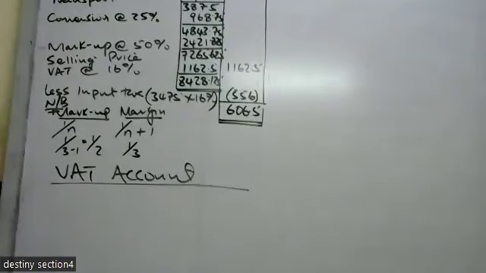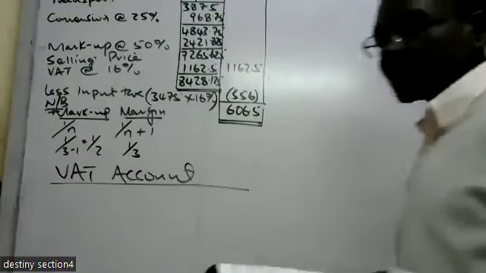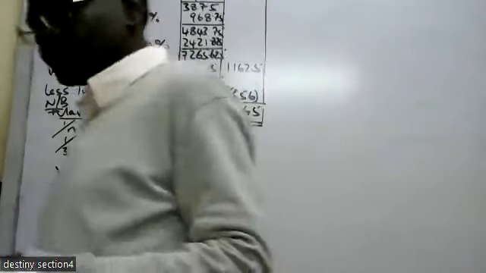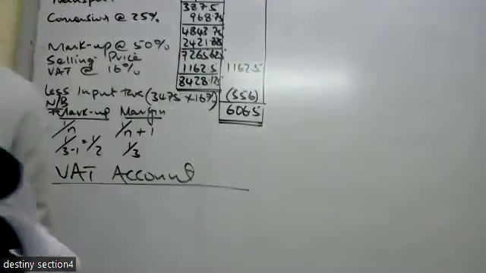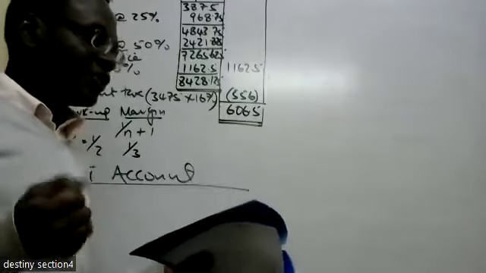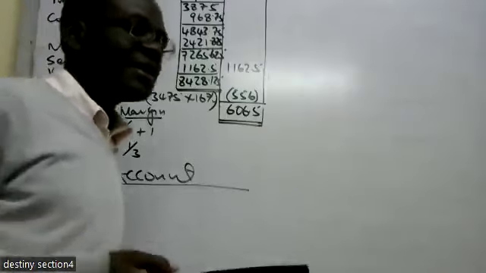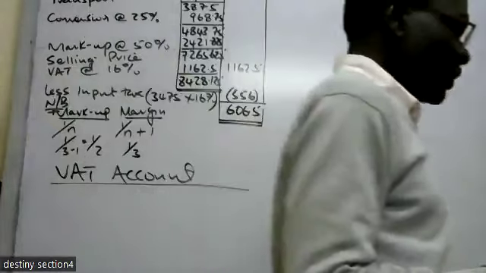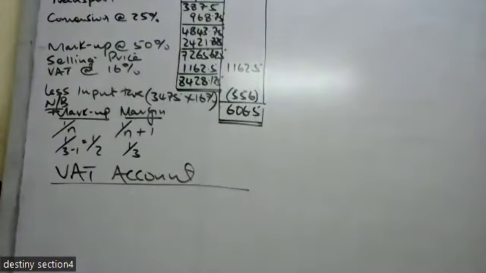The total input tax is debited to the account, and the total output tax is credited.